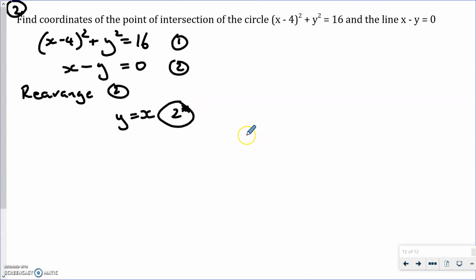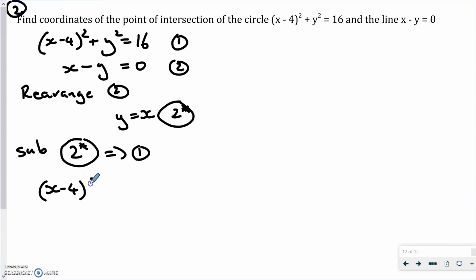And I'm going to substitute 2 star into equation 1. So equation 1: x minus 4 all squared plus, I'm substituting y equals x, so instead of y, I'm putting x, equals 16.